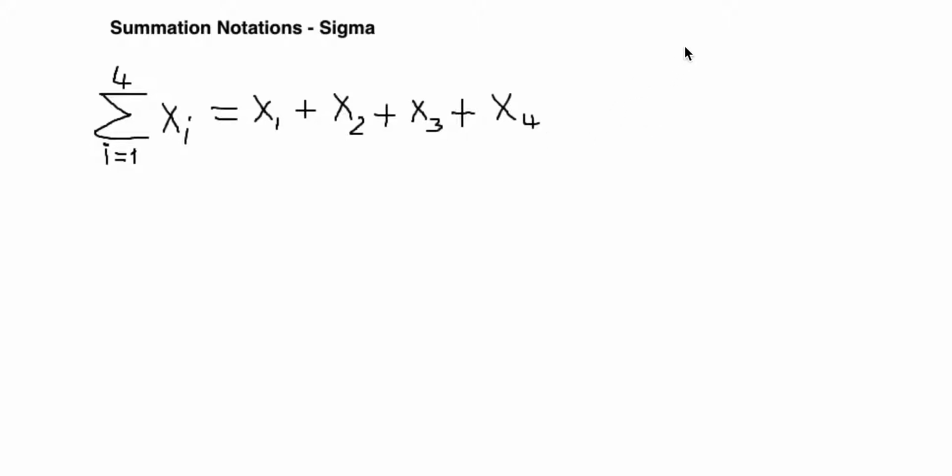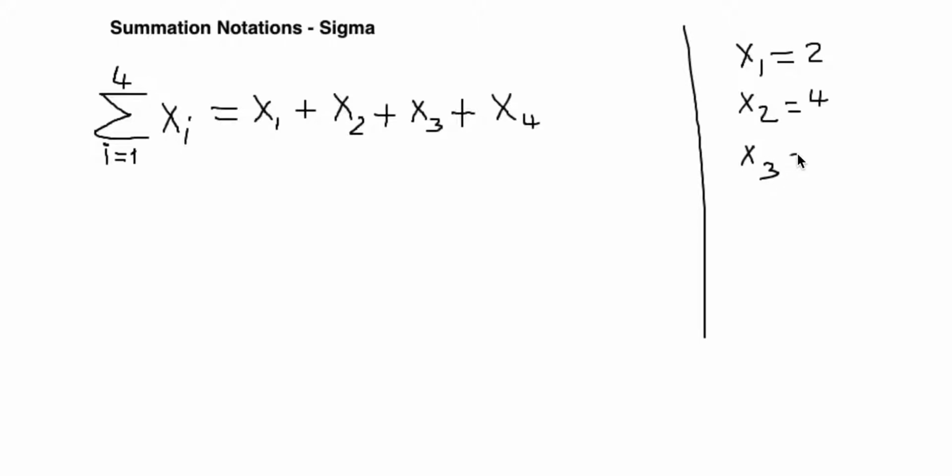So for this example, let's make it a practical example. Let's say x1 is 2. The first term is 2, and the value of the second term, let's say x2 is 4, right? And then the third term, let's say x sub 3 is 1.